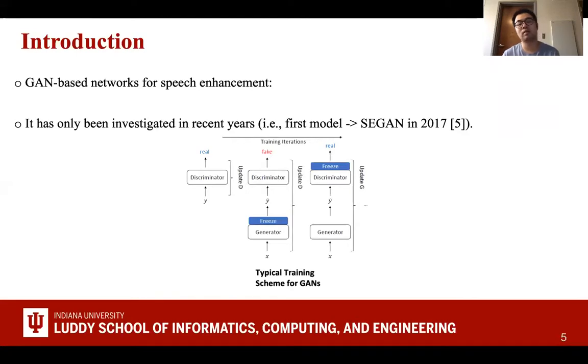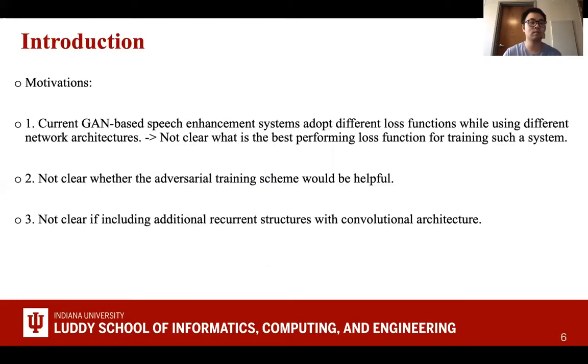Then in the next step, we freeze the weights in the discriminator, and we only update the weights in the generator, forcing the target to be real. Then we keep doing these steps one by one to train the adversarial networks.